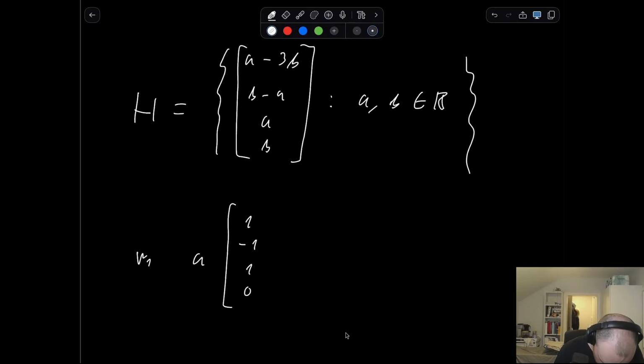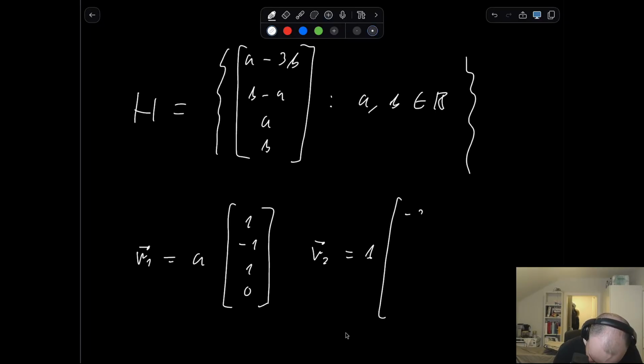You can call this V1. Then we have V2, which is equal to b times the vector with minus 3, then 1, 0, and then 1.